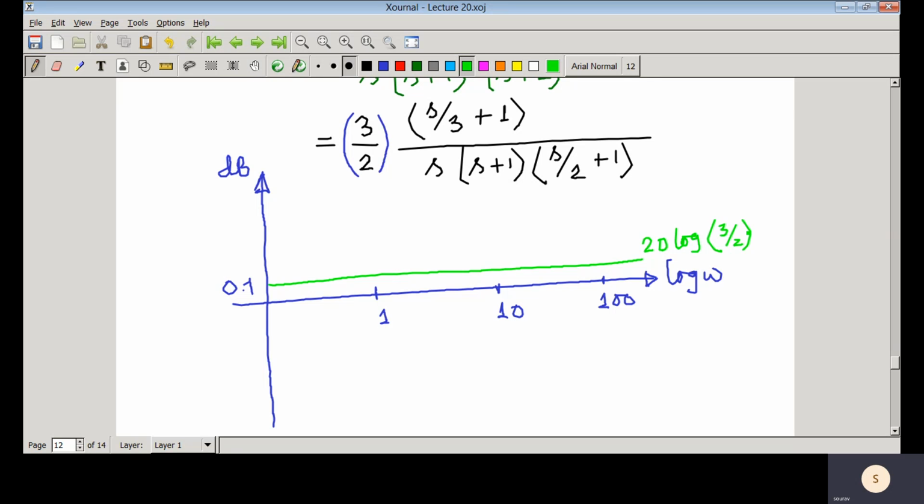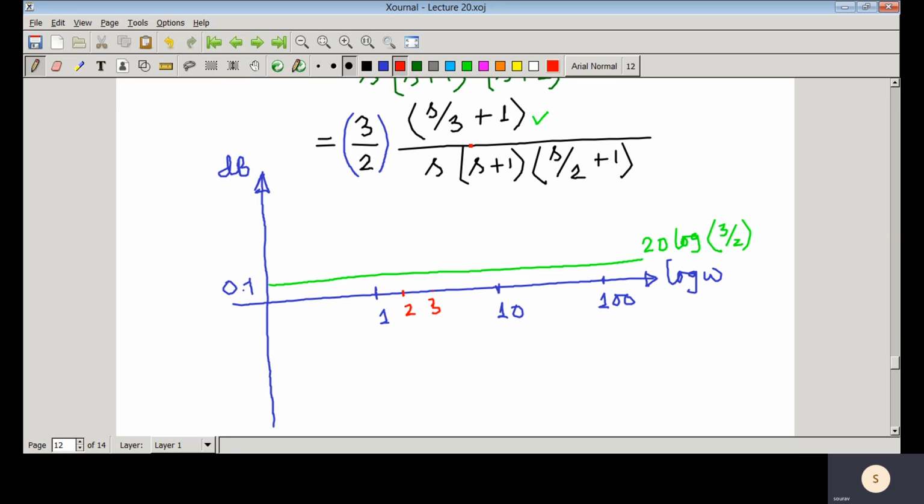So then if we consider this factor, that is in numerator, and you can see that corner frequency is coming. So suppose here this is 2 and this is 3, so they all are in logarithmic scale. So I am just showing that corner frequency, but they are not in proper scale.